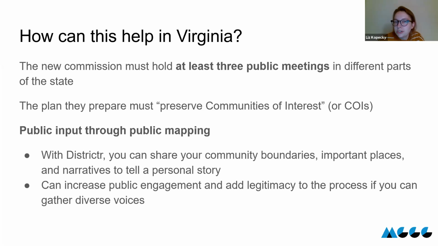This is in quotations because this is criteria that's challenging to follow if you don't know exactly where the boundaries and the communities are. So we recommend using public mapping tools like Districtr to collect public input through public mapping.